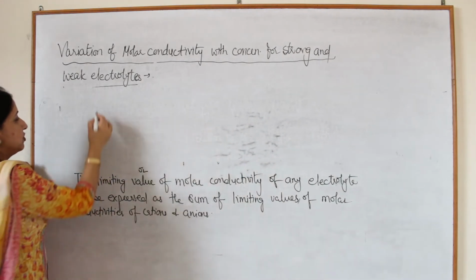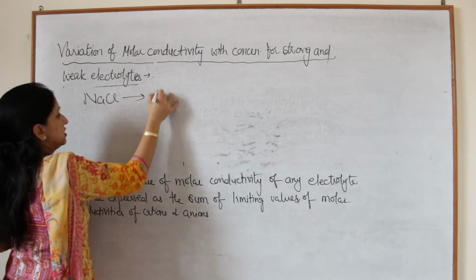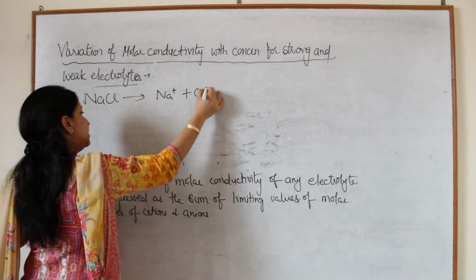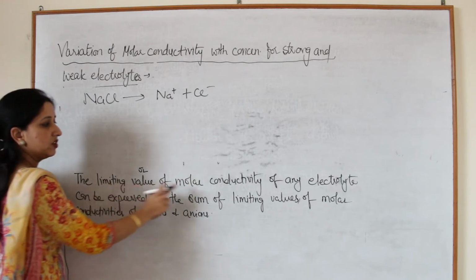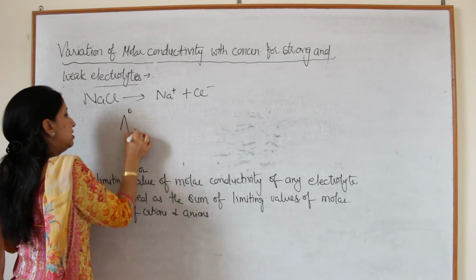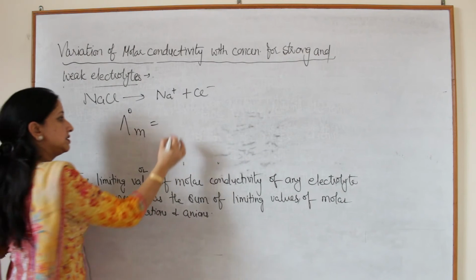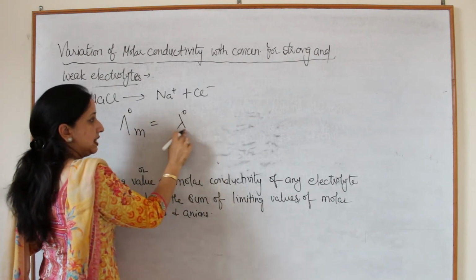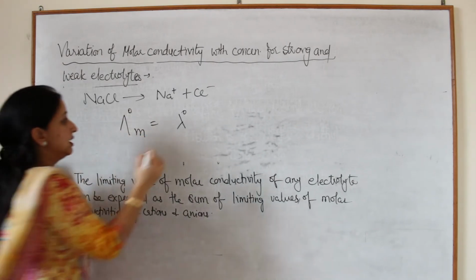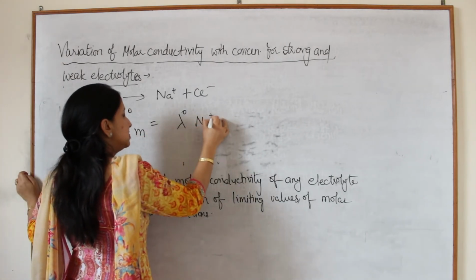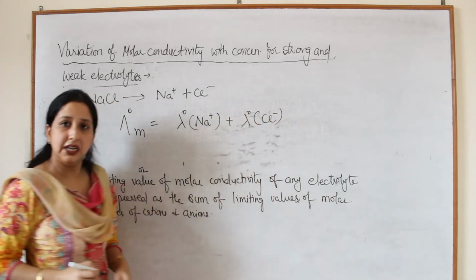For example, if we have NaCl, we notice that it is dissociated as Na positive, Cl negative. So according to this definition, limiting value of molar conductivity means lambda naught m. It can be written as sum of lambda naught, but this is for individual ion. Lambda naught of sodium positive plus lambda naught of chlorine negative.